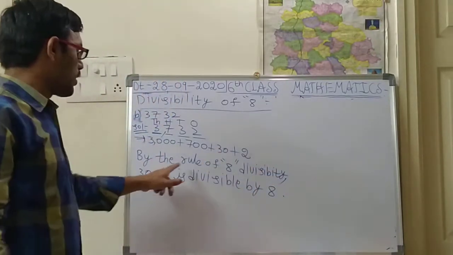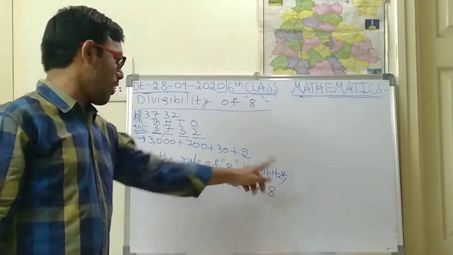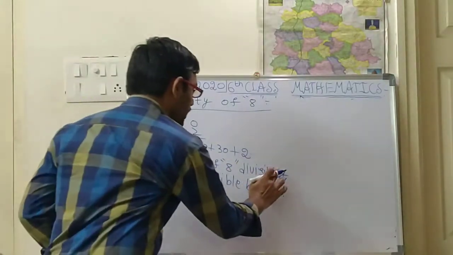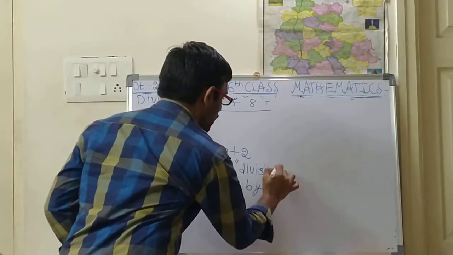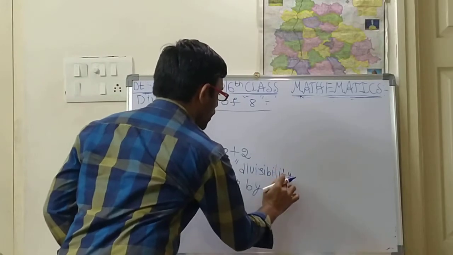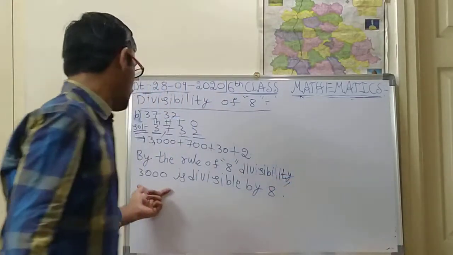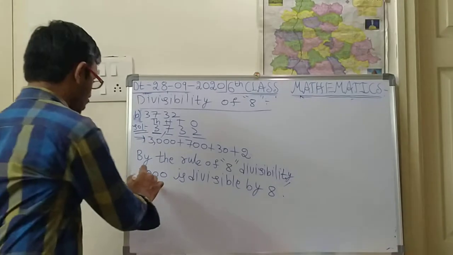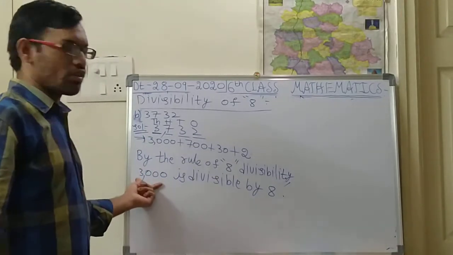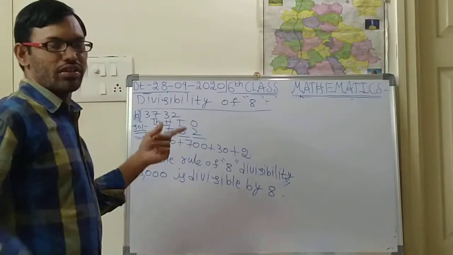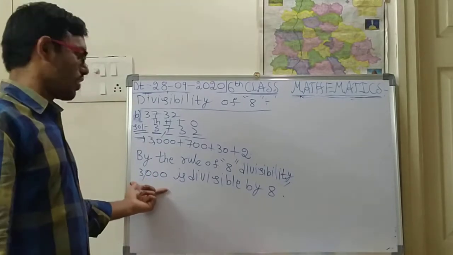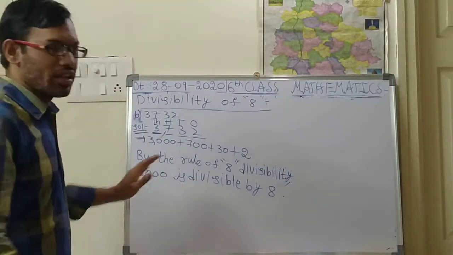Okay, so by the rule of 8 divisibility, 3000 is divisible by 8. So why? Because 3000 is a multiple of 1000. 3 into 1000 is 3000. So here no need to check this again.